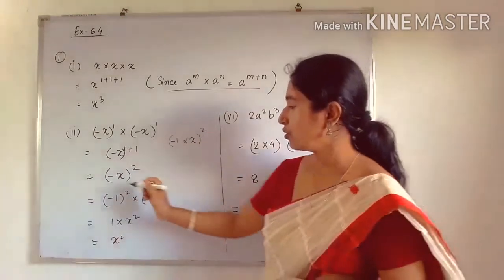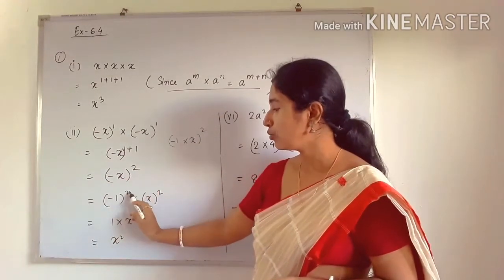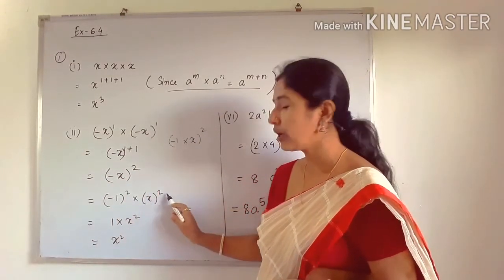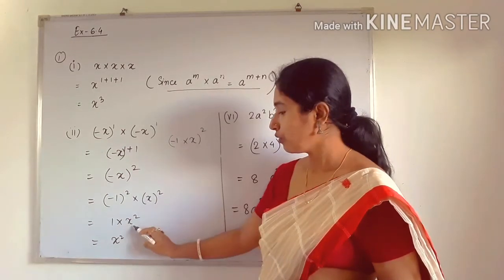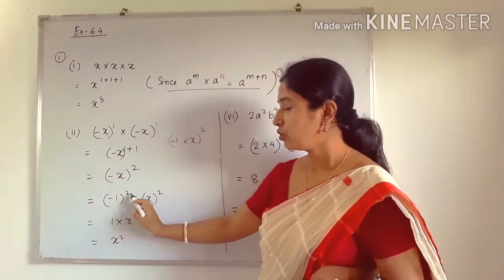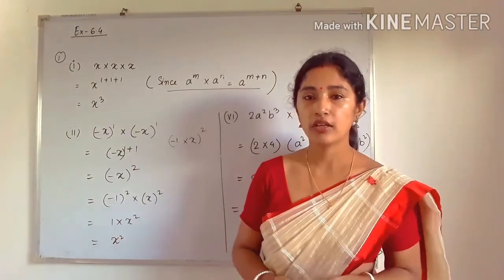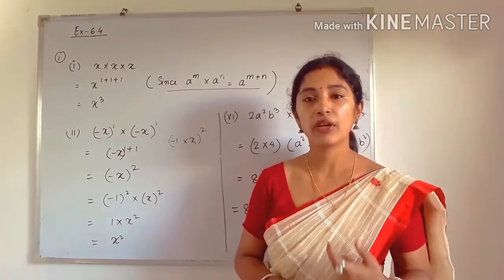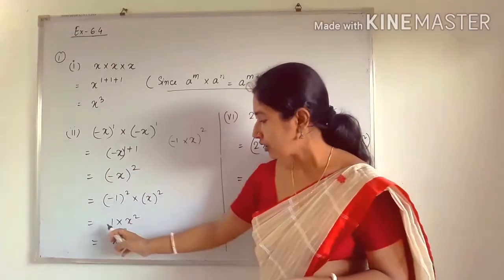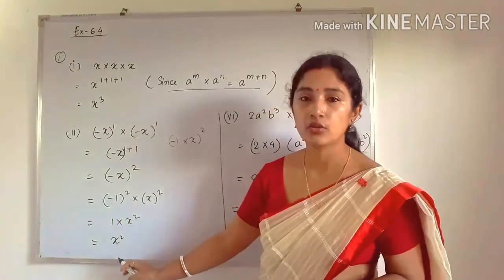So here also you can write minus 1 to the power 2 into x to the power 2. So x to the power 2 will be x square, and minus 1 to the power 2 will be minus 1 into minus 1. You know minus 1 into minus 1 will become plus 1. So in total we can write x square.